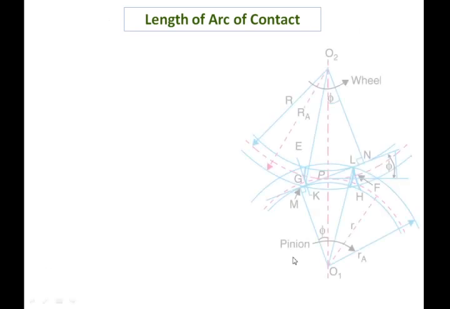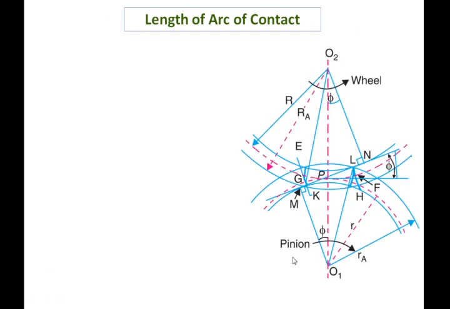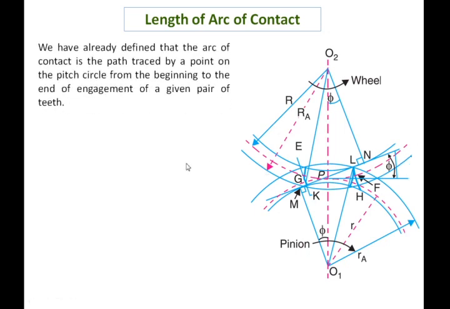Now let us discuss the length of arc of contact, again referring to the diagram. We have discussed this linear path KL. Now we are interested in the radial path, that is the arc. We have already defined that arc of contact is the path traced by a point on the pitch circle from the beginning to the end of engagement of a given pair of teeth.